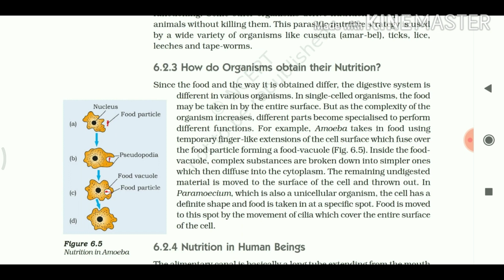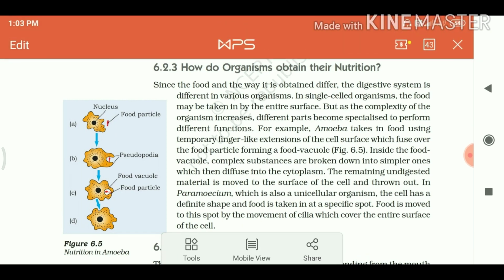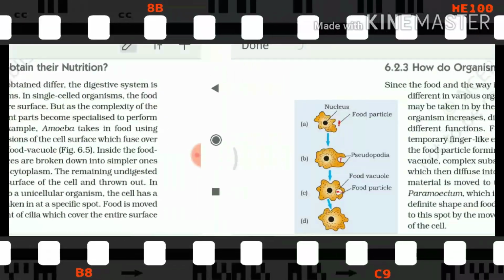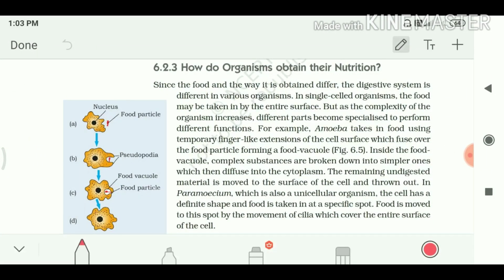Now if we are talking about the amoeba, then you have to see here that the first step is ingestion, in which you can see the food particles ingested in the unicellular organism, that is amoeba. This is also known as endocytosis.